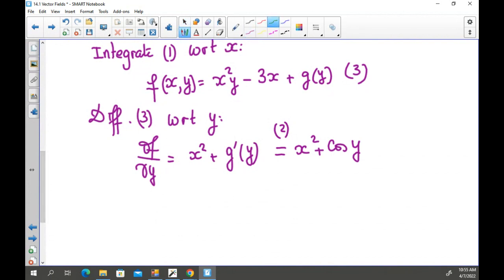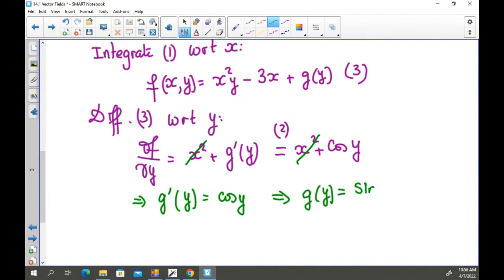Now here, what happens? If the potential exists, the x's will always cancel. So what are we getting? g dash is equal to cosine y, which means that g is sine y, plus this time a constant.